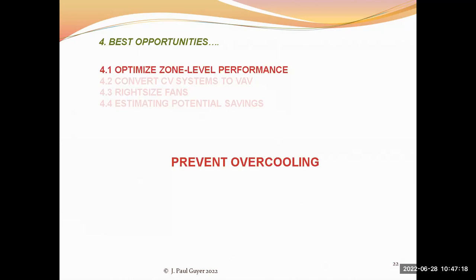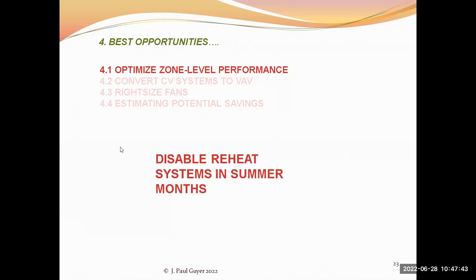And so if you have a terminal reheat system or a dual duct system, those are good candidates for energy efficiency improvements. They can be costly, but worth it in the long run.